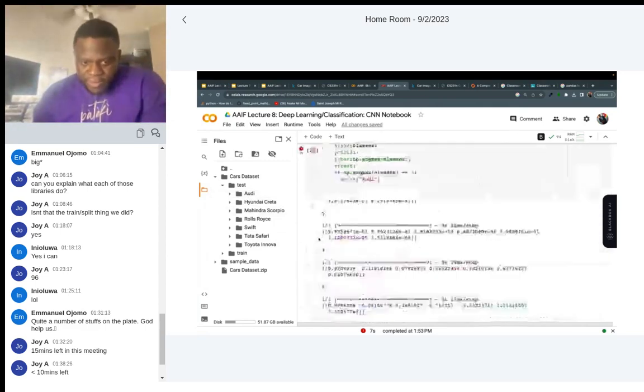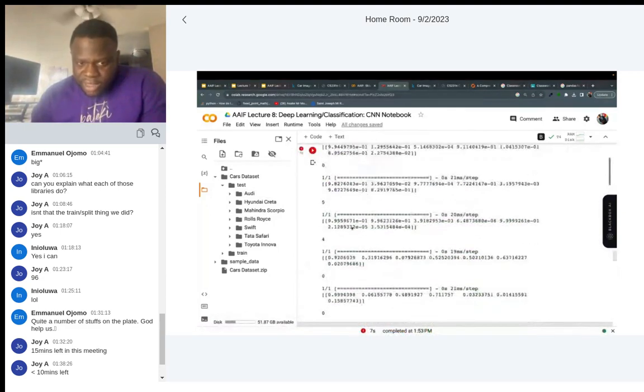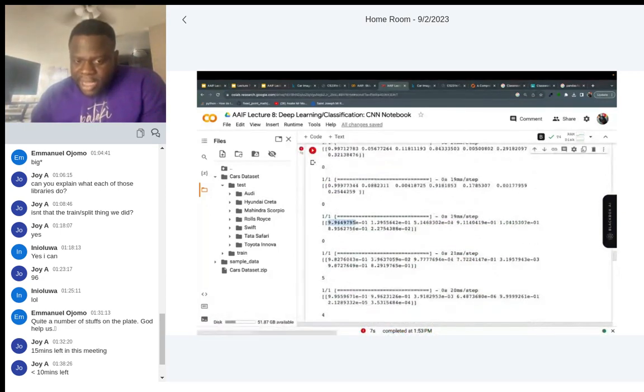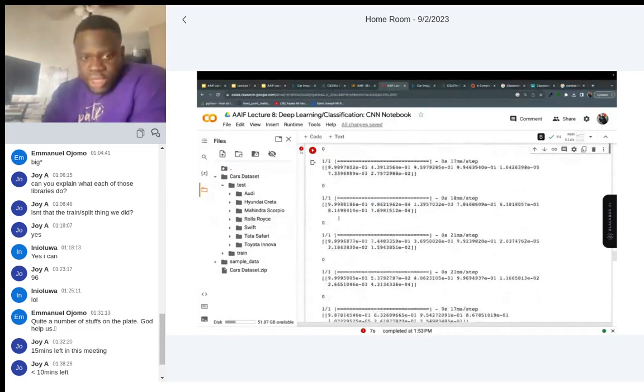If the probability of the first number is the highest out of the 7, it is Audi, based on how these folders are arranged. If the probability of the second one is the highest, it's the second class, then the third, the fourth, in this order.